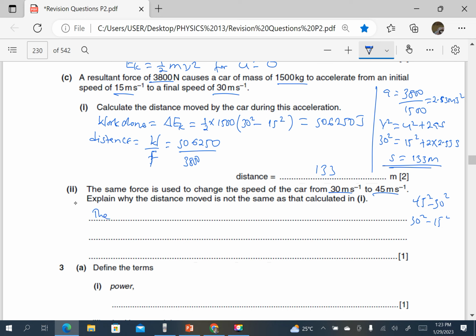So the change in kinetic energy is greater. In this case, the change in kinetic energy is greater. So the work done by the force has to be greater.